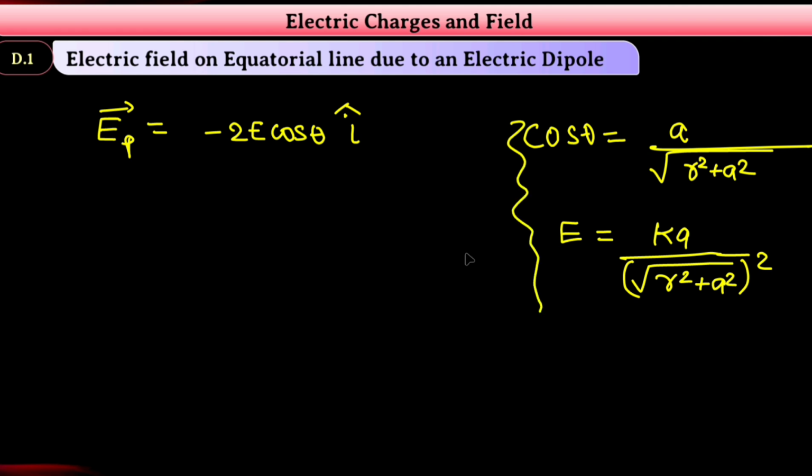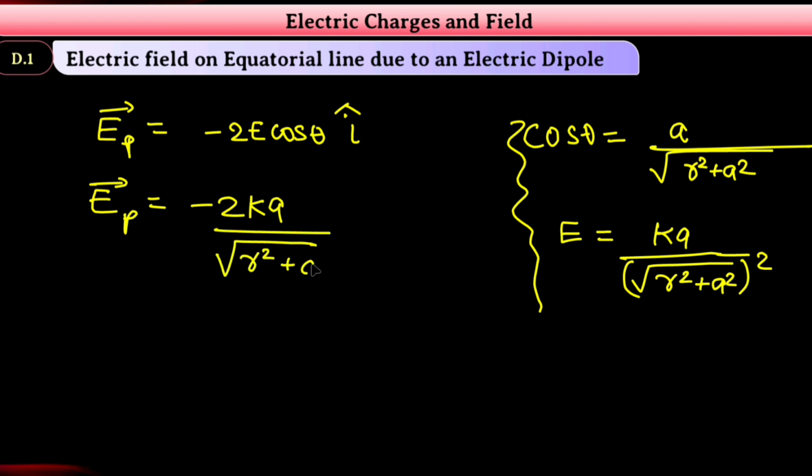Now by using this you can write EP will be equal to minus 2KQ upon root under r square plus a square whole square, multiplied by cos theta, a upon root under r square plus a square.